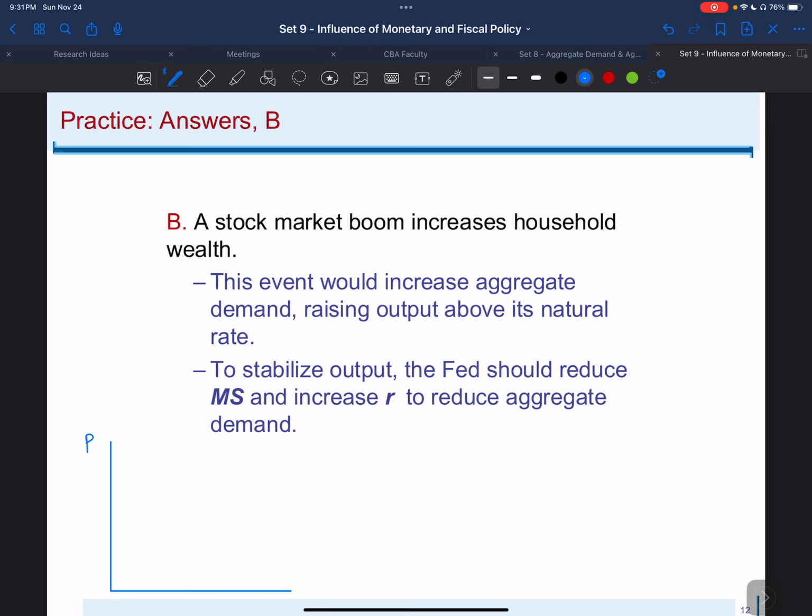So we have level of the prices, we have real output, real GDP, we have long run aggregate supply, short run aggregate supply, and aggregate demand. This is the stable point in the economy, but now because of this stock market boom, this event will shift the aggregate demand to the right.